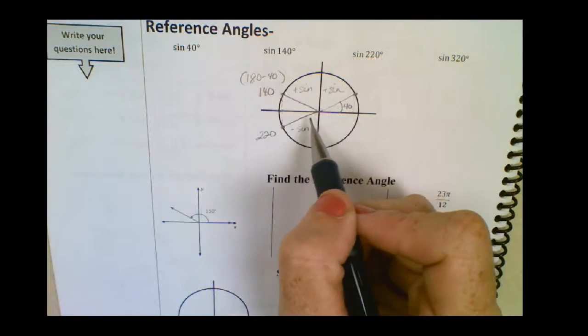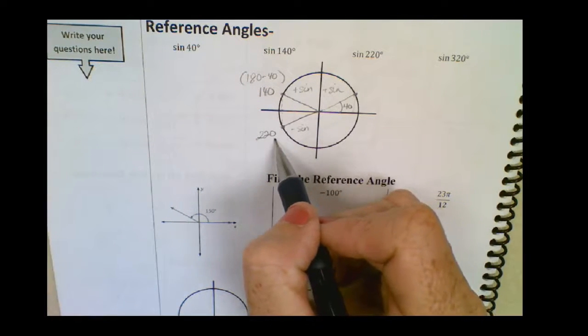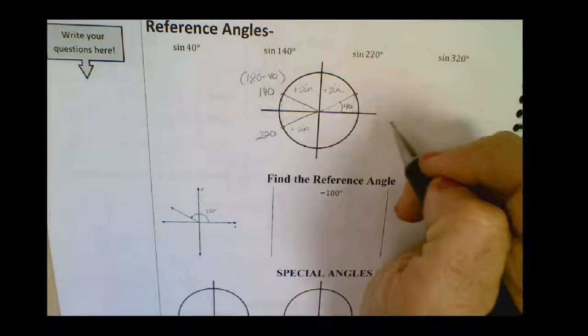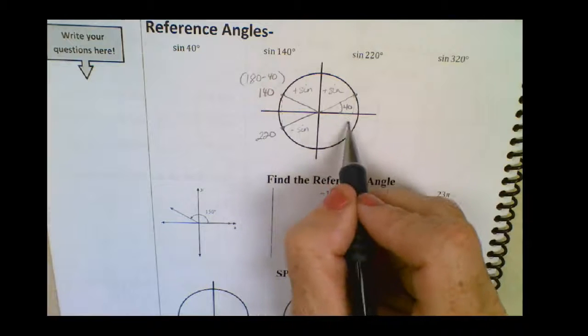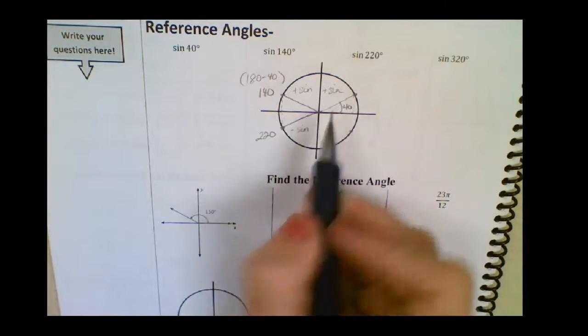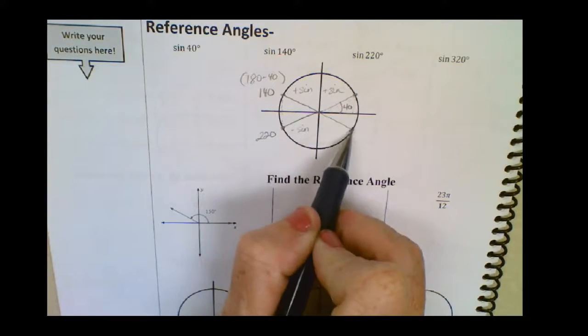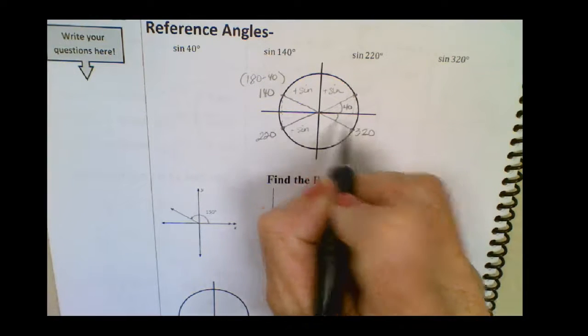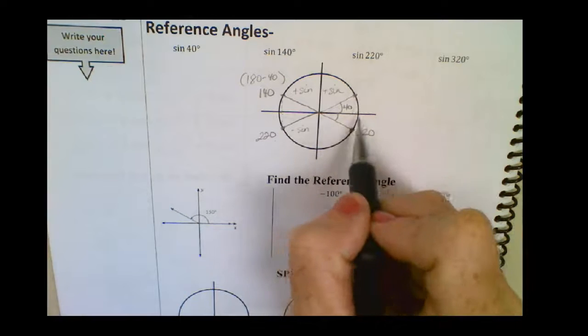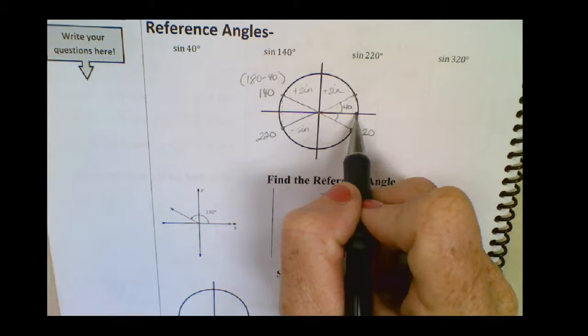So it's going to be the same amount, just negative instead of positive. And then sine of 320 would be 360 minus 40, which would be around right there. So 320 would be here. This also has a 40 degree difference between 320 and back at 360.